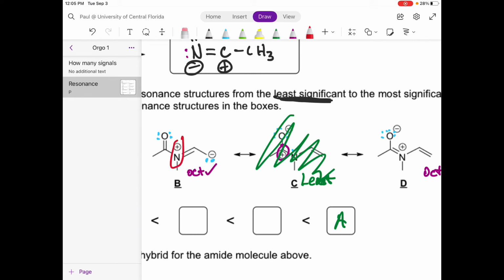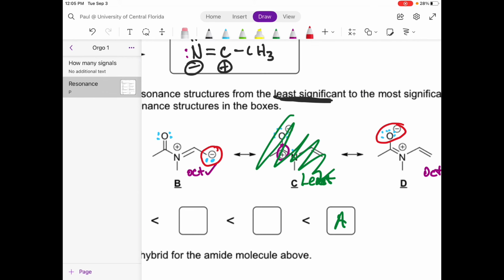Well, we see a nitrogen and a nitrogen both with a positive charge, so that's a wash. But look at what's different though. We have a negative charge on a carbon versus a negative charge on an oxygen. And we've learned that oxygen atoms are more electronegative than carbon, so it can tolerate a negative charge better.